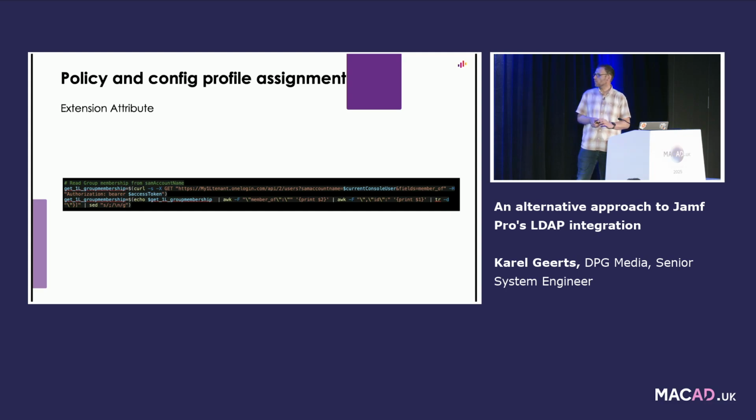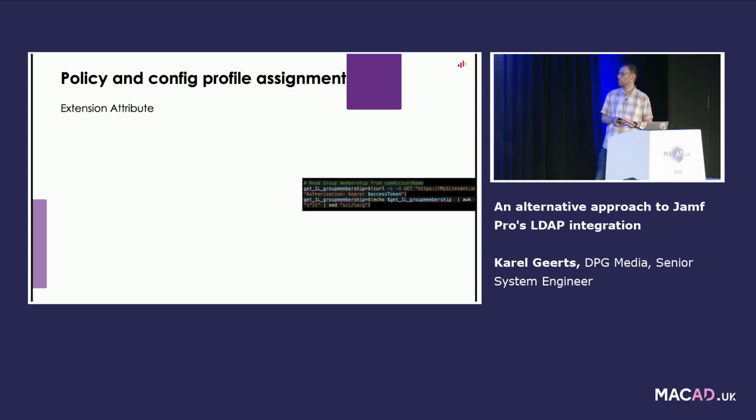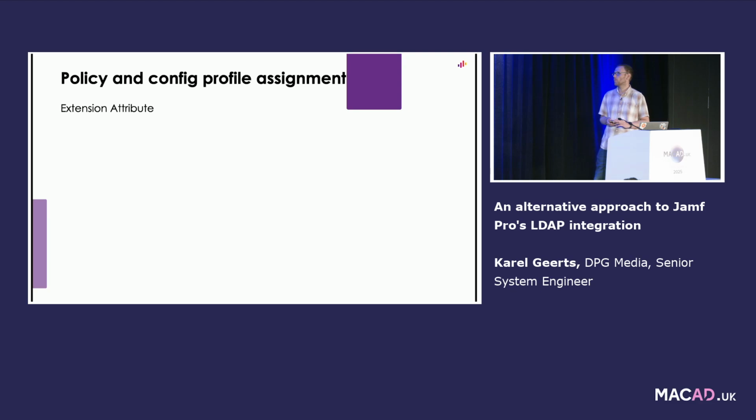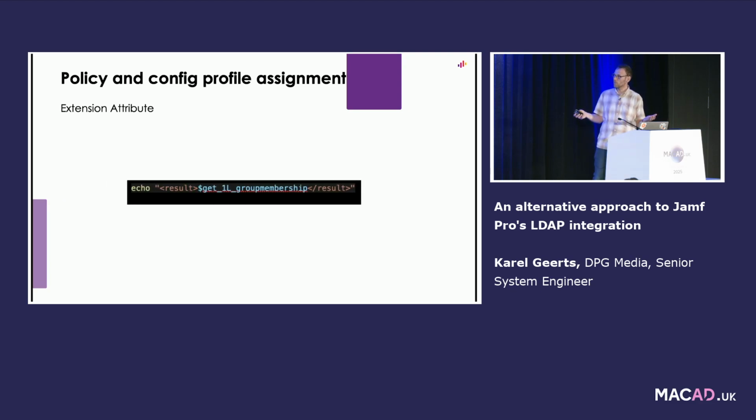Next, we query the OneLogin API based on the SAM account name. And the second command is a little tweaking to get the output right. That's the result.